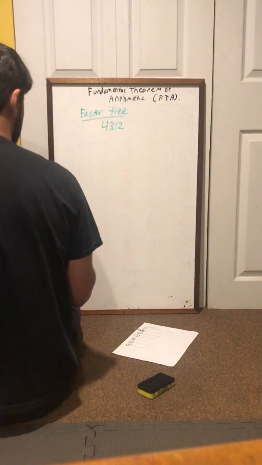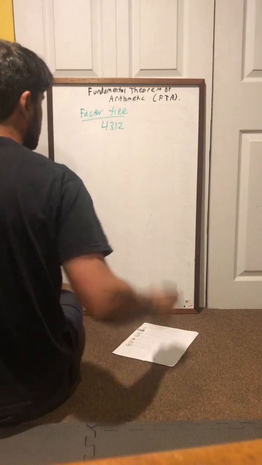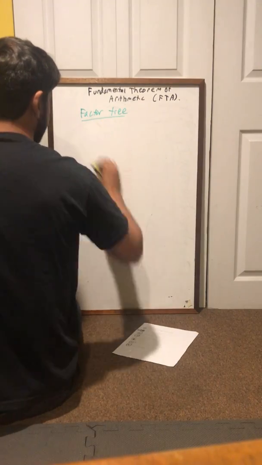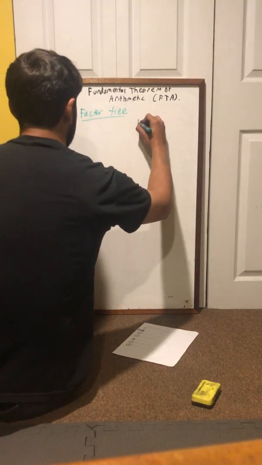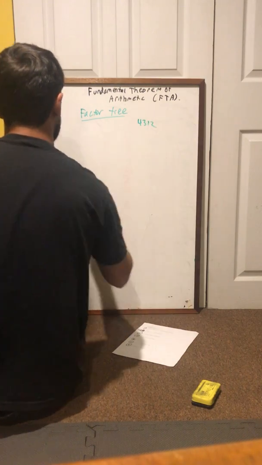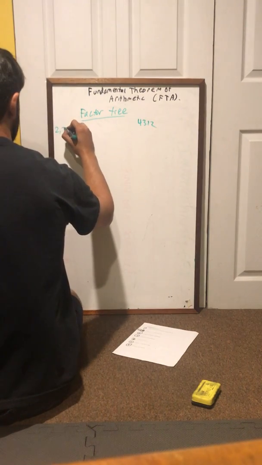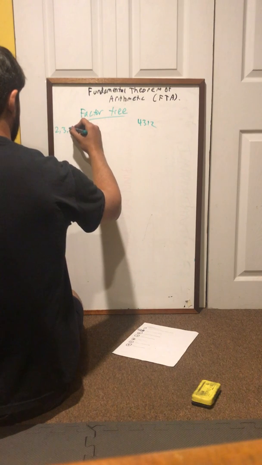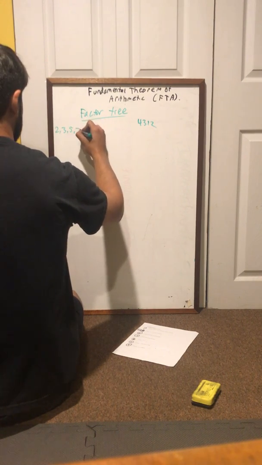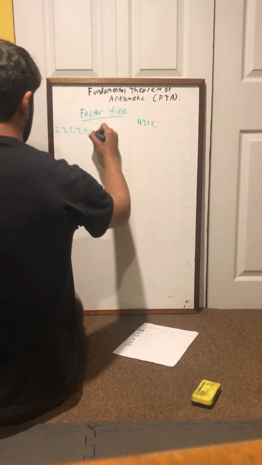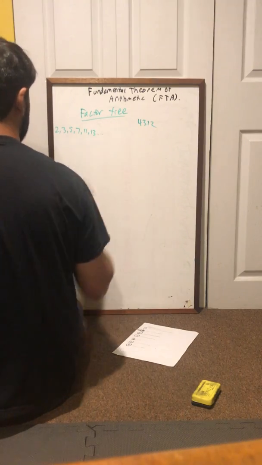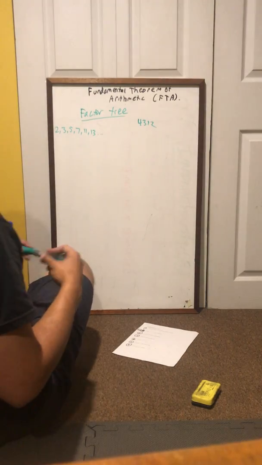Okay, so let's move this number over: 4,312. The primes we have are 2, 3, 5, 7, 11, 13, and so on. These are all the ones we'll need for this problem.